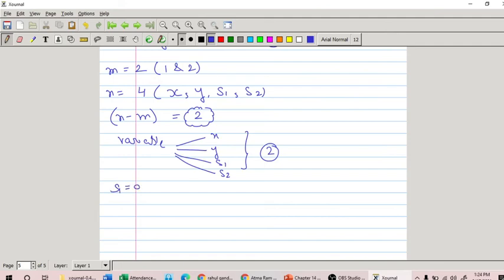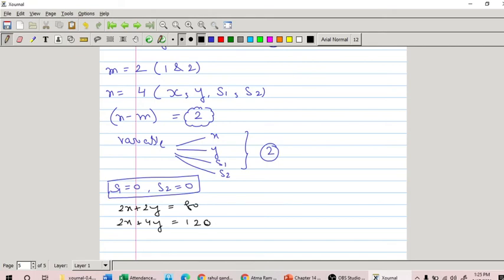s1 is equal to 0, s2 is equal to 0. Then the equations that remain are 2x plus 2y is equal to 80 and 2x plus 4y is equal to 120.